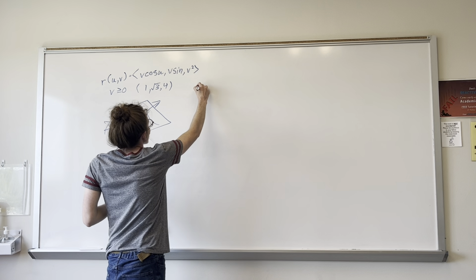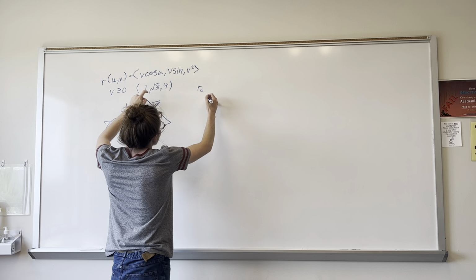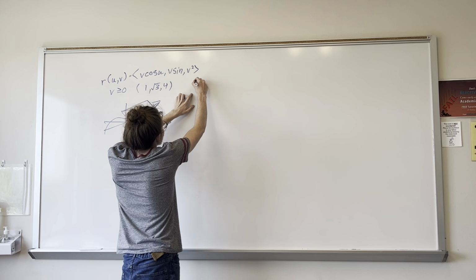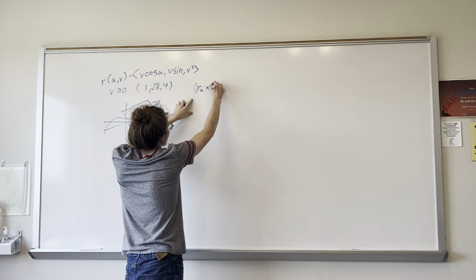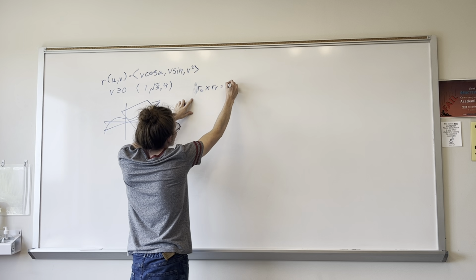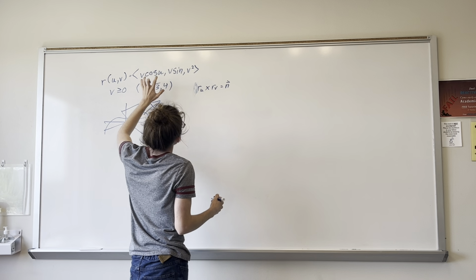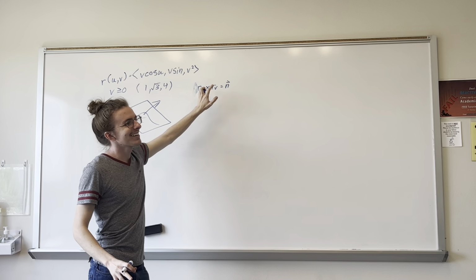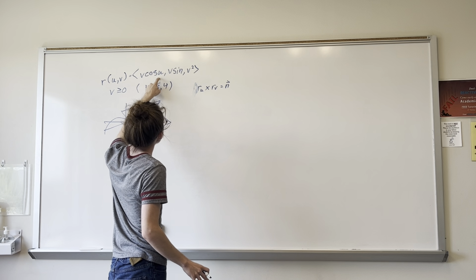So if we take the partials, r of u cross r of v equals the normal vector. There's a lot going on, but we have to find what u and v are.